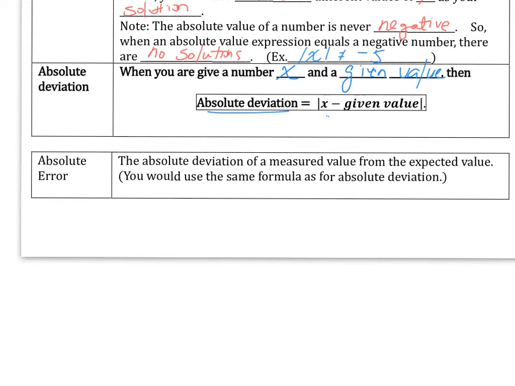So what I mean is, let me draw a picture. If the given value is here, it could be any number, then the absolute deviation will be either towards the right or towards the left by the same distance.